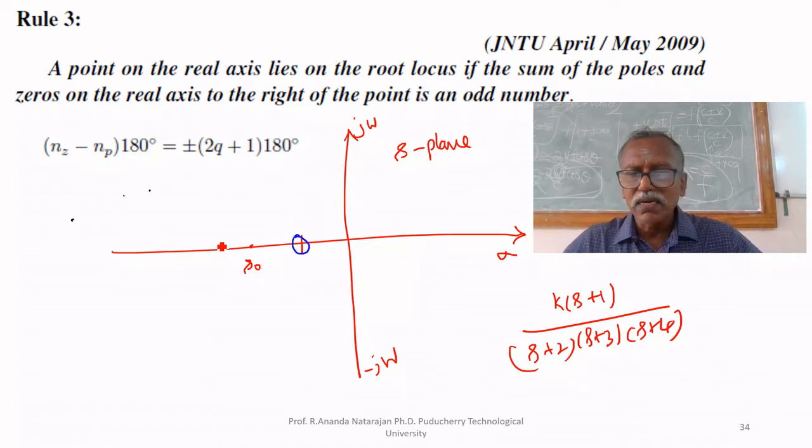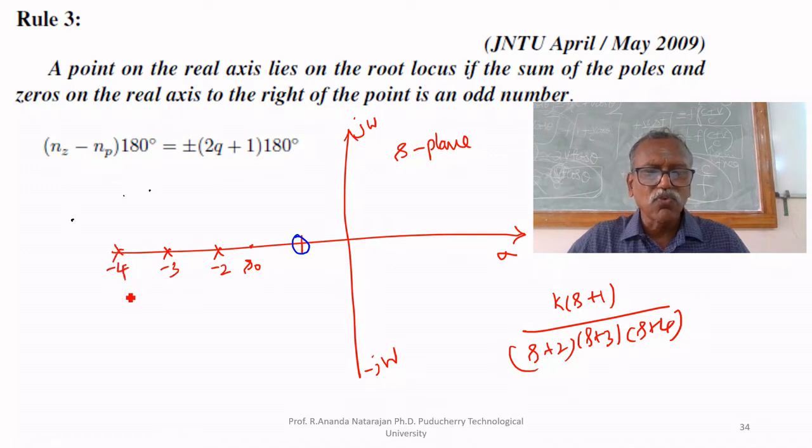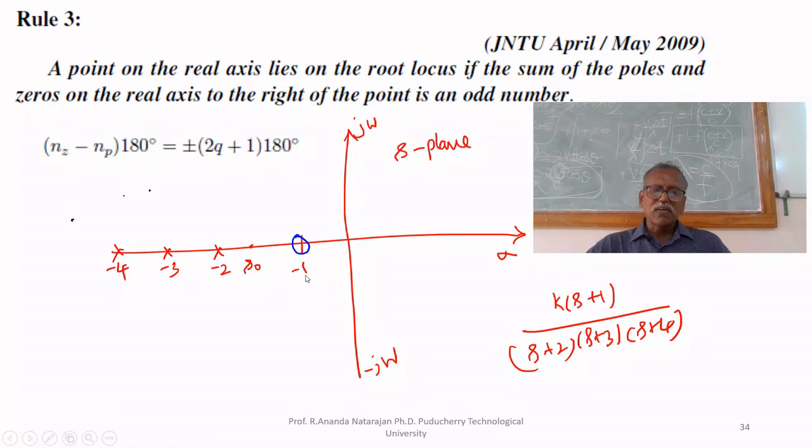The zero is at minus 1. The other 3 poles are at minus 2, minus 3, minus 4. So one point I am selecting here.